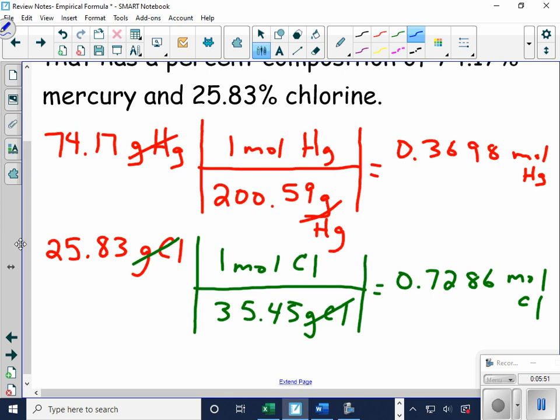Well, obviously, 0.3698 is smaller than 0.7286, isn't it? So I'm going to divide both of these by 0.3698. Obviously, when I do this, that is going to give me 1, isn't it? Anything divided by itself is going to give me 1.